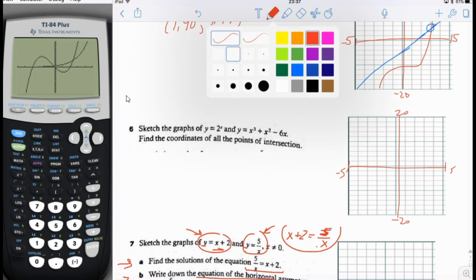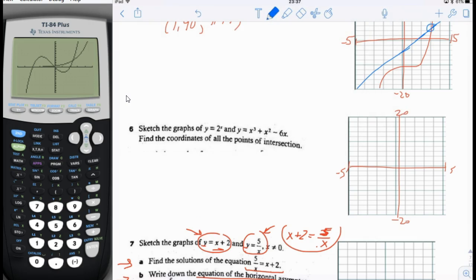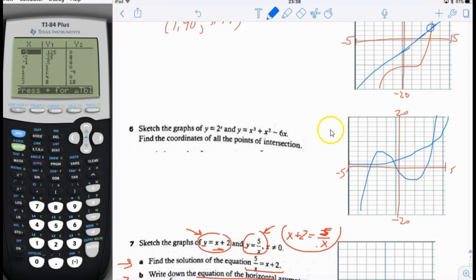And the graph kind of looks like this. And then the other one goes like that. Alright, that's a very rough sketch. On the test, what you want to do is go to second table, and get a few points to plot and make it exact.